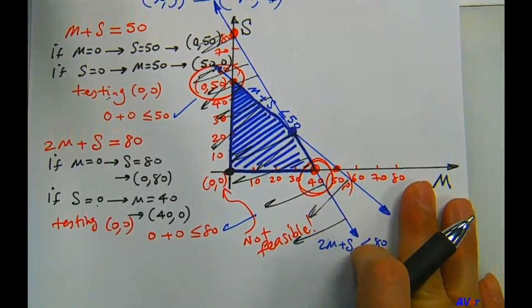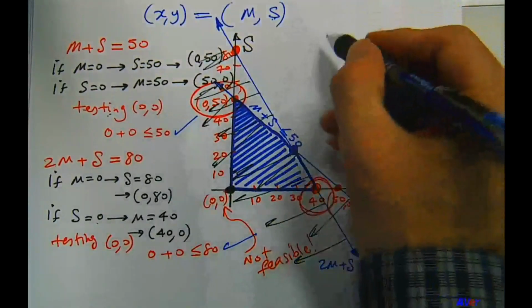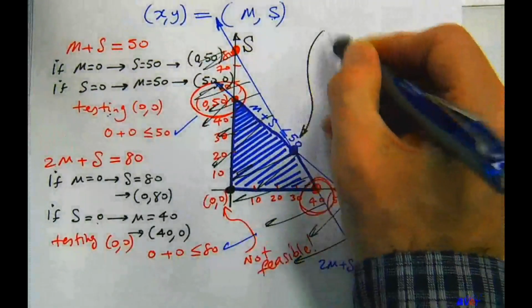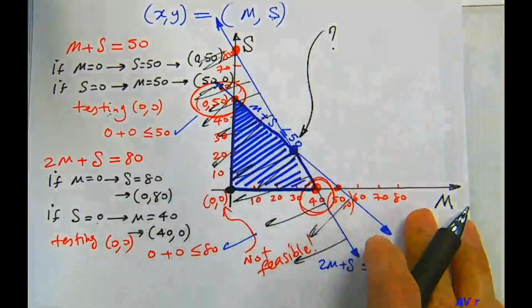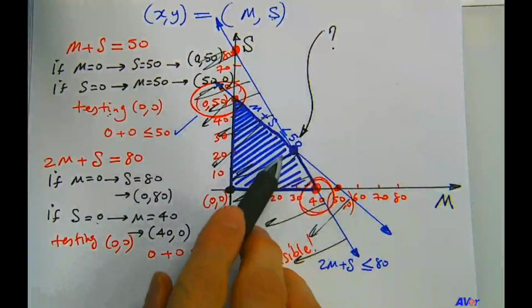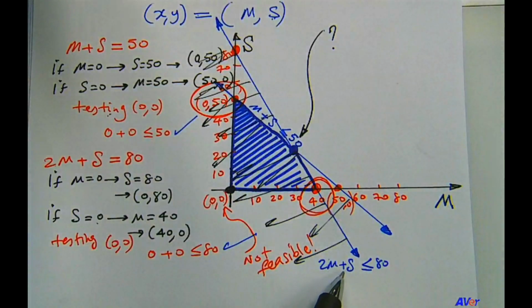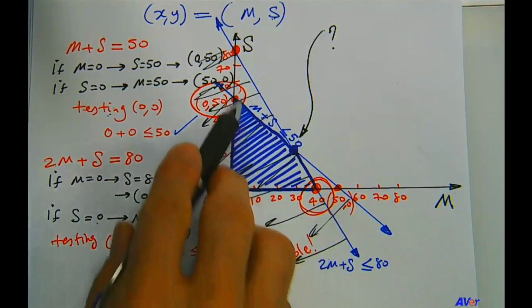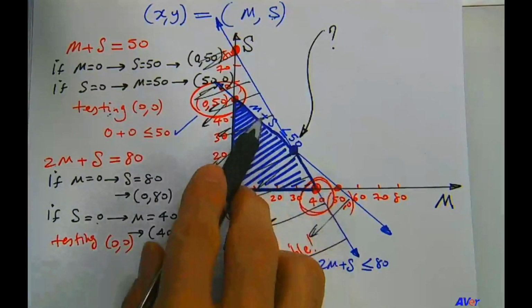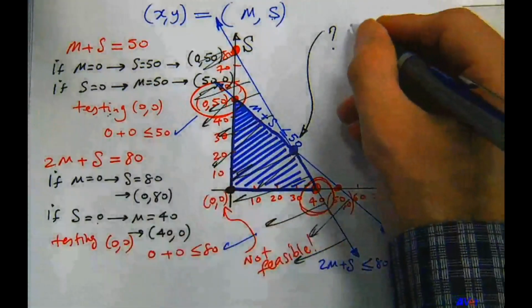Let's find that corner point by setting up a system. Because that point is the intersection of this line, 2m plus s less than or equal to 80, and that line, which is m plus s less than or equal to 50.